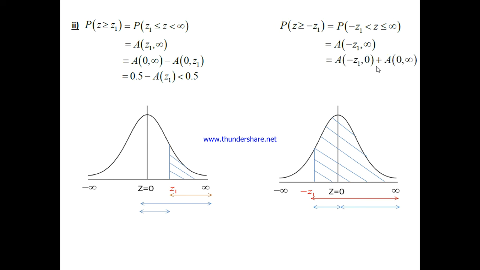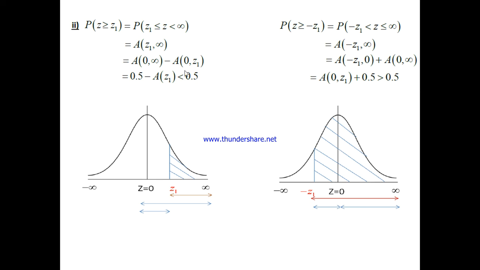And from the property of symmetry, we can consider the first term as the area from 0 to z1, and the area bounded by 0 to infinity is 0.5. Since it is 0.5 plus a positive value, always the value is greater than 0.5.